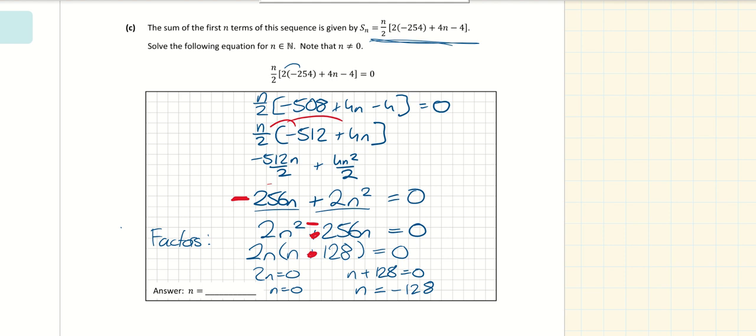So that should be a minus, and that should be a plus. So n is 128. Okay, 128, because you see in the question up here, it says n is not equal to 0. So that means that this is not our answer. So this one is our answer. Okay, so sorry about missing out the minus bit there, but yeah, that's how you do that one.